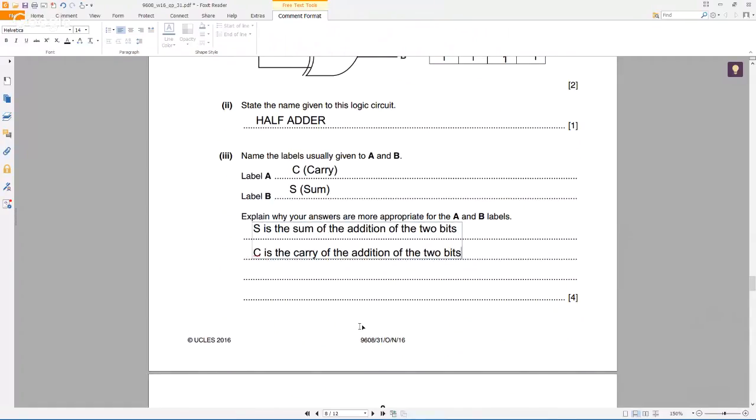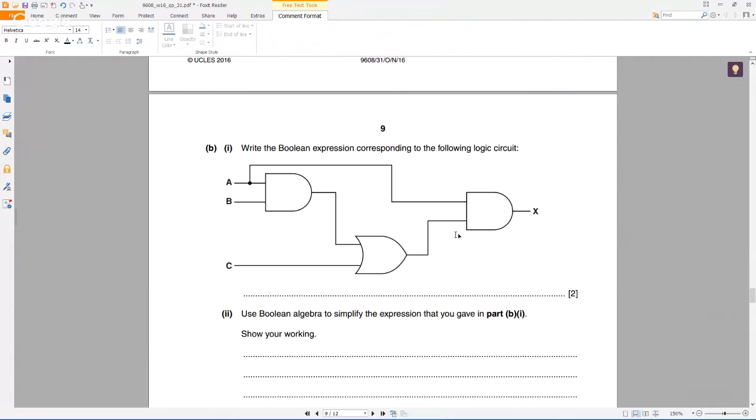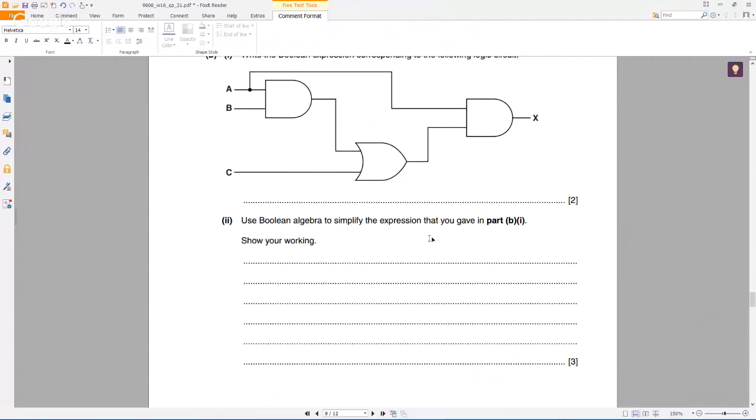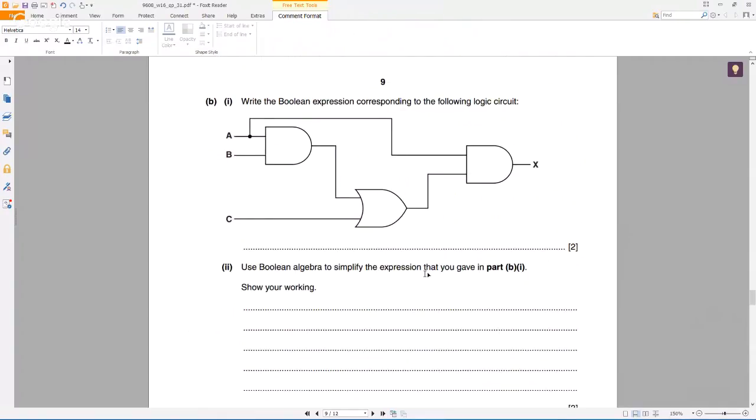So the next step is to convert a logic circuit into a Boolean expression, and you can do that like this.